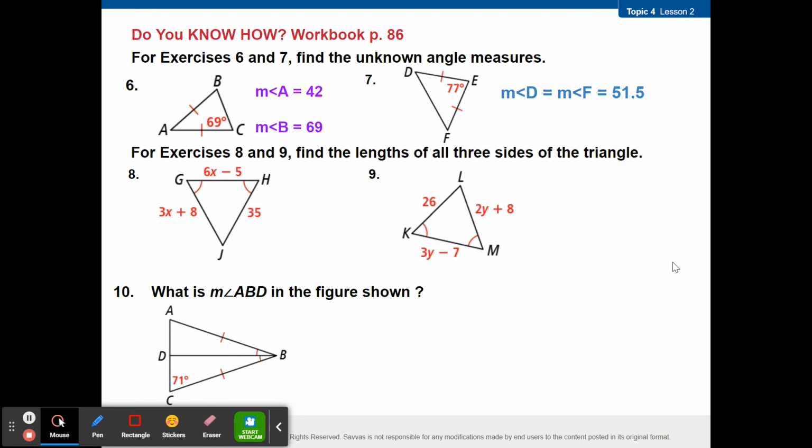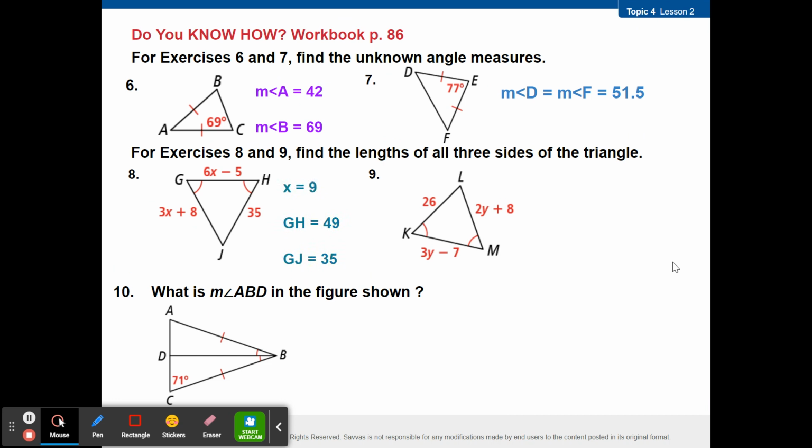All right, number 8. Who's got number 8? Anybody. Evan, what's number 8? 49 and 35.